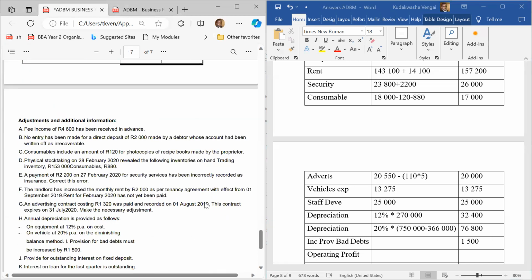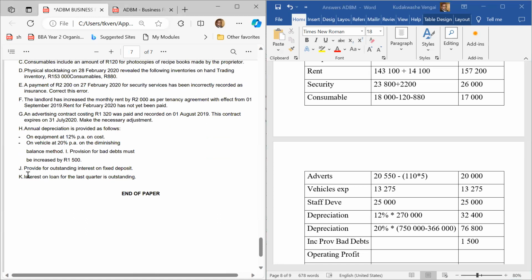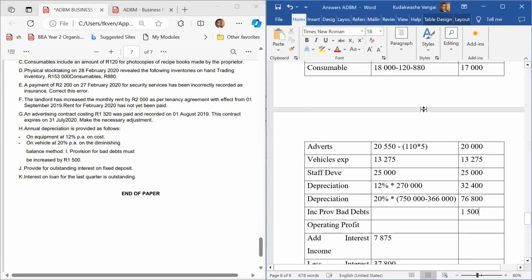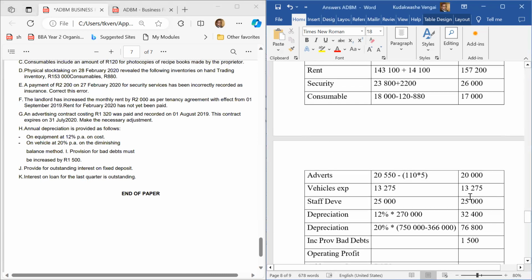All right. So we go to the next one, which is provide for interest on fixed deposit. And these ones are after our operating income. So we can actually calculate our operating income.